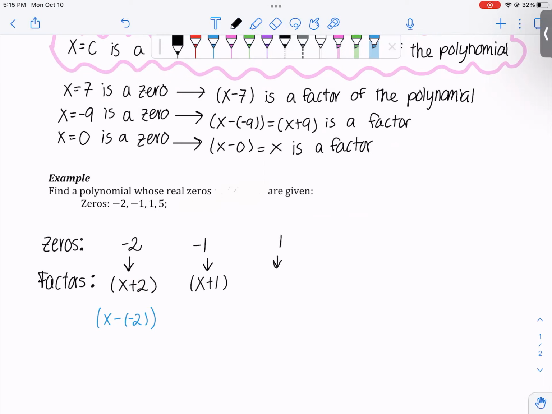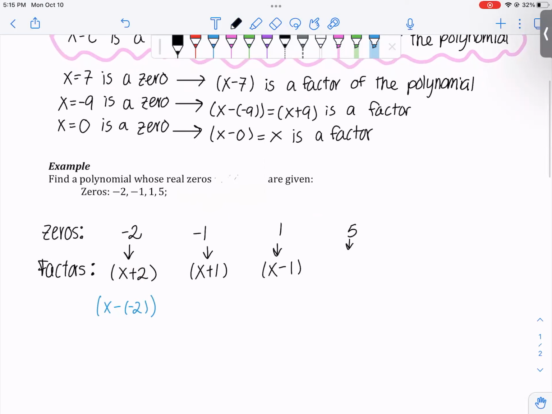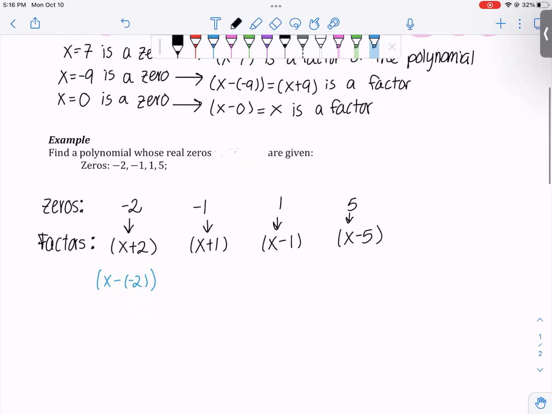If 1 is a zero, then x minus 1 is a factor. And if 5 is a zero, x minus 5 is a factor. So how do we put together a polynomial that has all of these zeros? We just take all these factors and multiply them together, and that's it. f of x equals x plus 2 times x plus 1 times x minus 1 times x minus 5.